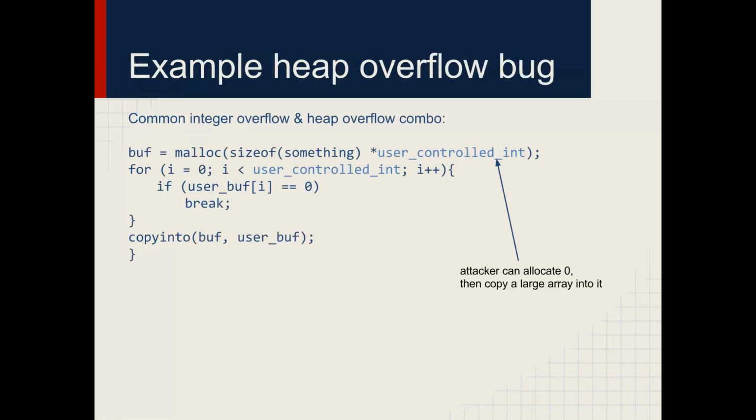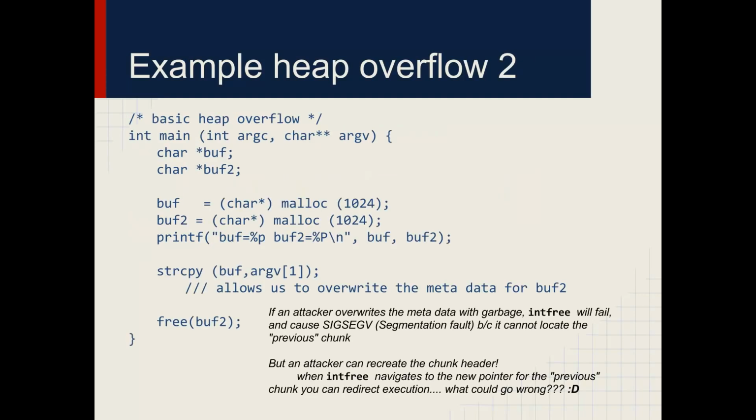A very, very simple explanation of this is that if there's any user data that's controlling how much is malloced, and it's being used in some unsafe function to perhaps dictate how much is copied, perhaps an attacker can overwrite something with a very large array or a string.